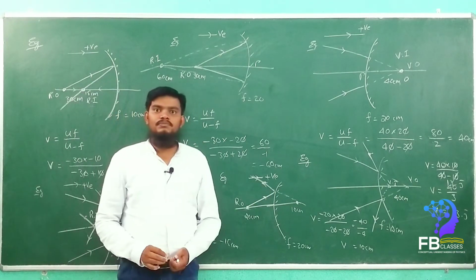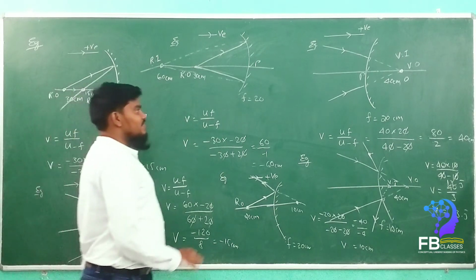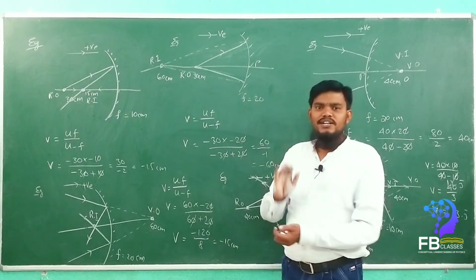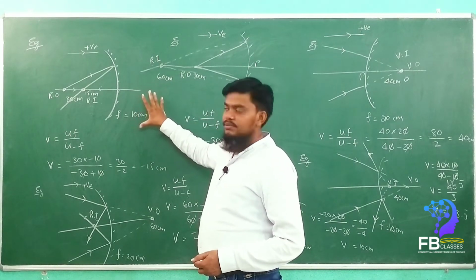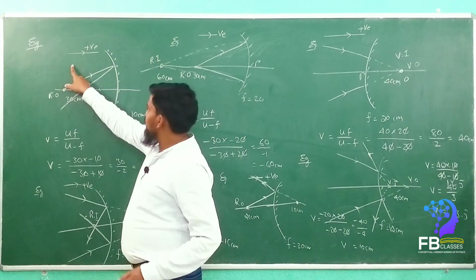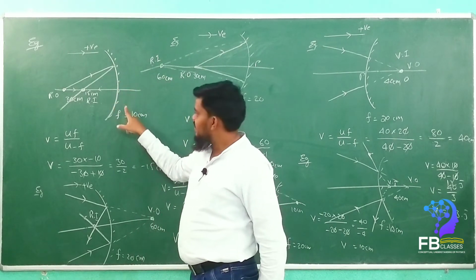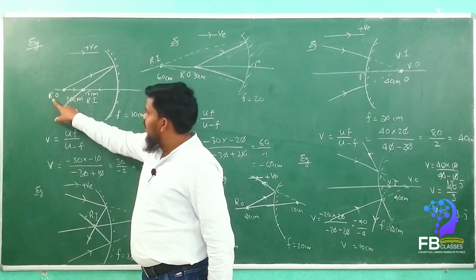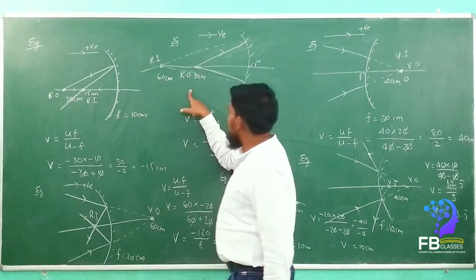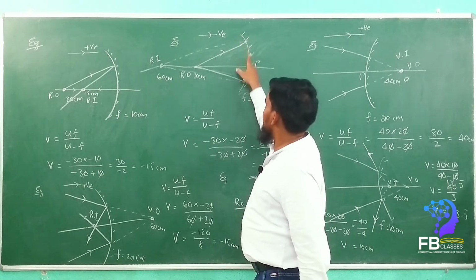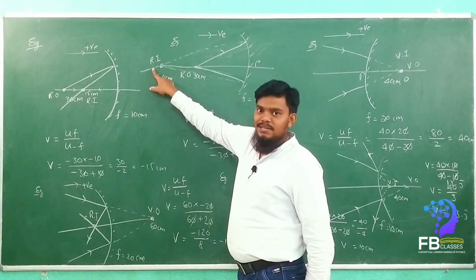Got it? So from all these examples, what is the conceptual understanding? We took the data in such a way that the first example was a concave mirror. Here we took a concave mirror: real object forms real image. Second example, also a concave mirror: real object, real image is formed.